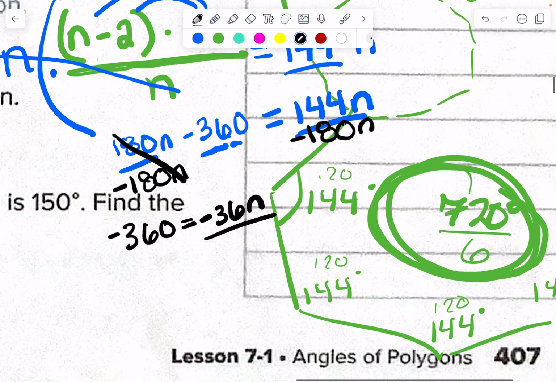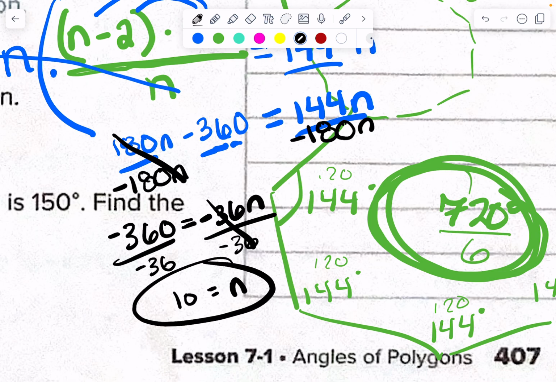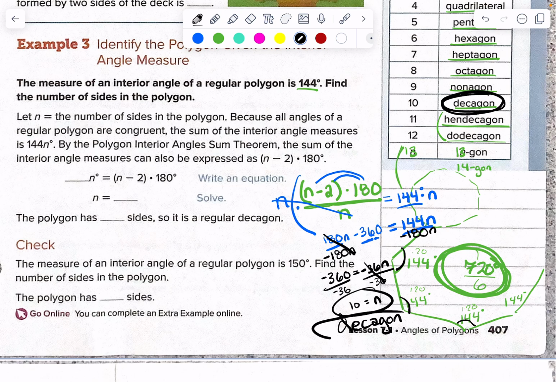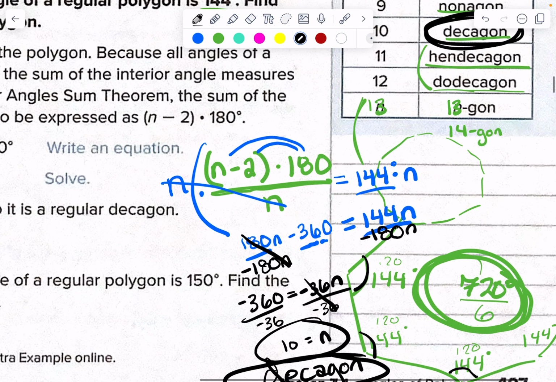And then I just divide by negative 36, and I'm going to get 10. So this means that if I want each angle to be 144, I have to have a 10-sided figure, which is a decagon.